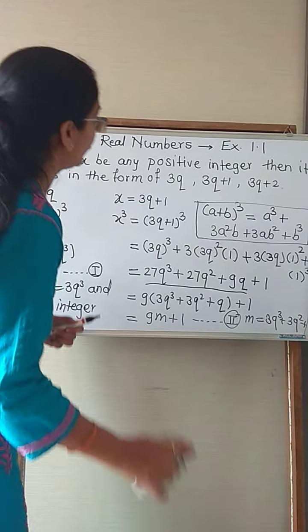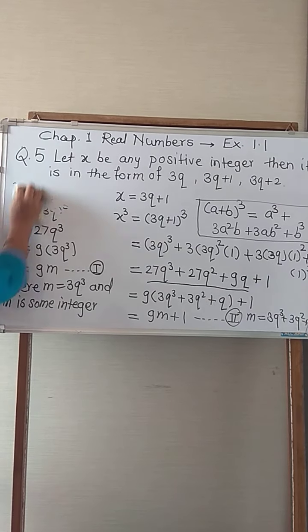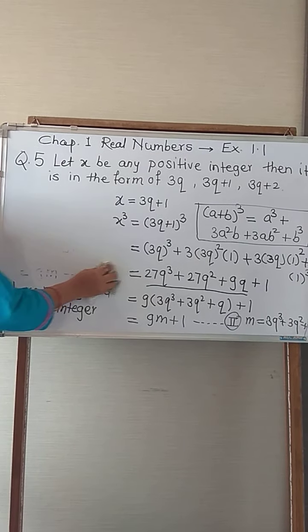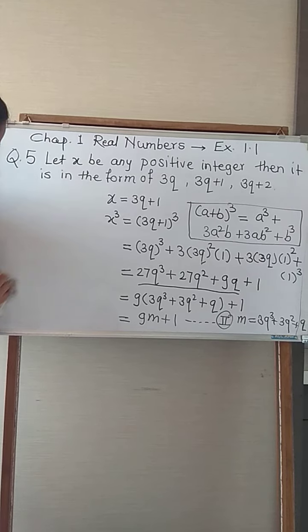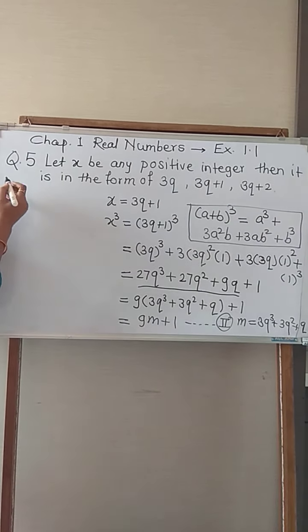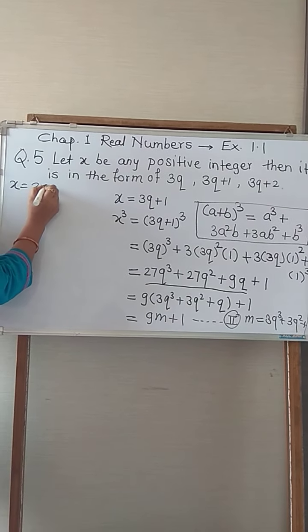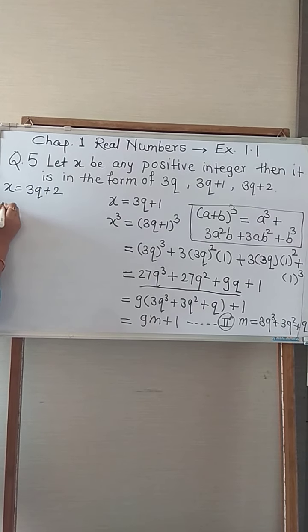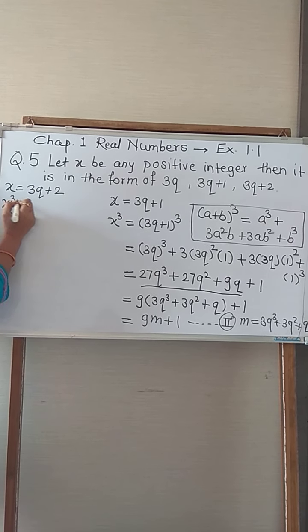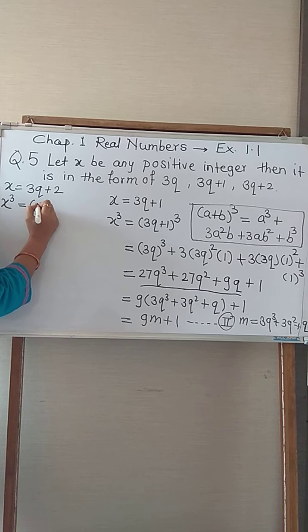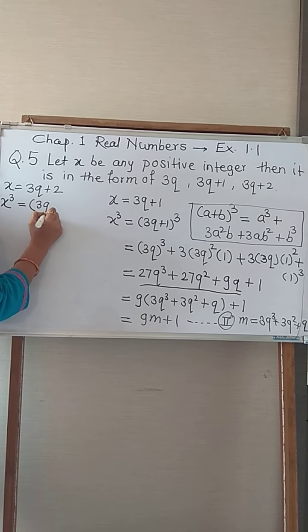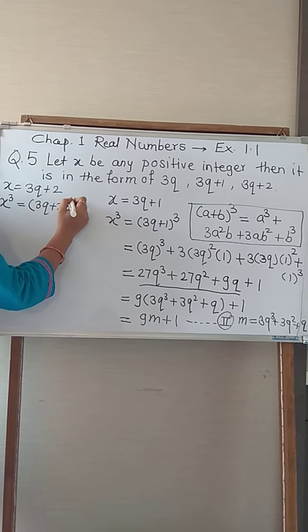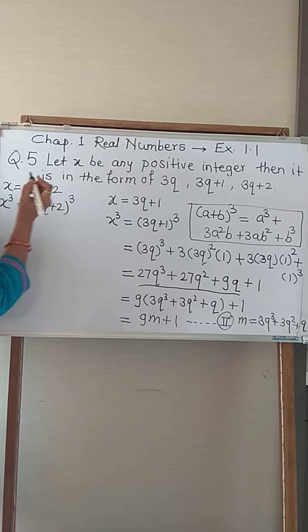Now let us see for the third integer, that is 3q plus 2. So x is equal to 3q plus 2. Taking cube on both the sides, x cube is equal to (3q plus 2) complete bracket cube.